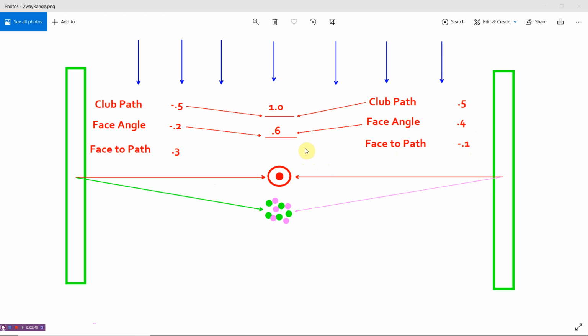Okay, so what that tells me here is on the left, when the shots were ending up right of target, the player had a tendency, you can see, with negative 0.5 club path, or swinging left, or negative 0.2 face angle, or slightly closed. The tendency was to swing left and close down the face.